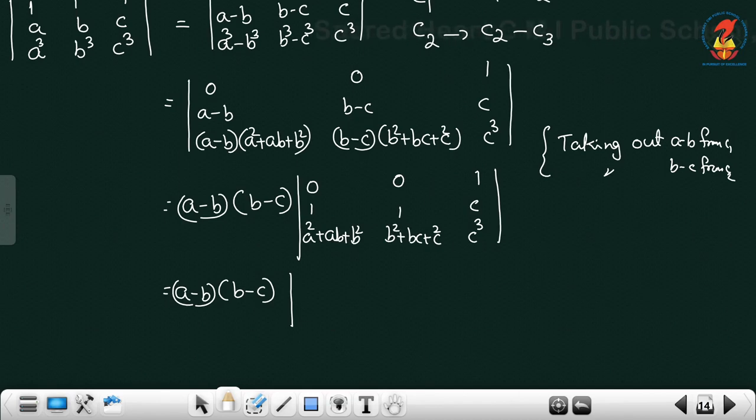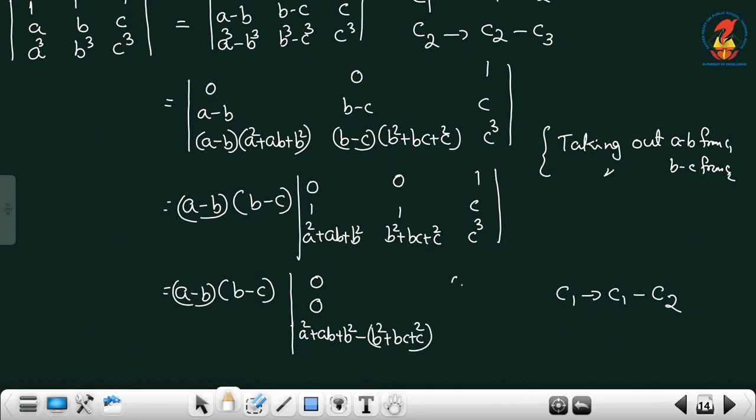So C1 implies C1 minus C2. So 0 minus 0 becomes 0, 1 minus 1 is 0. Then a square plus ab plus b square minus b square plus bc plus c square. Then 0, 1, and 1, c, c cube.